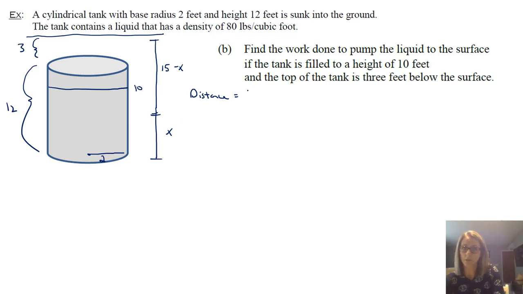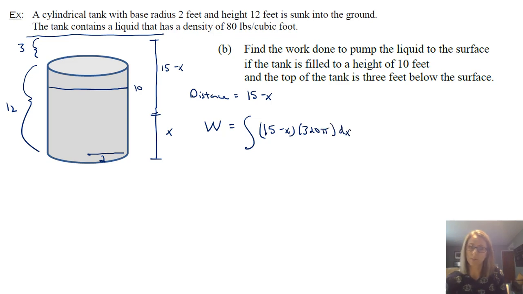So our distance here is going to be 15 minus x instead of 12 minus x. So that's a small difference. And then the work here required is, we have our 15 minus x here, so I just want to show you the parts that are the same: 15 minus x, and we still have the 320 pi dx, so that's all the same.